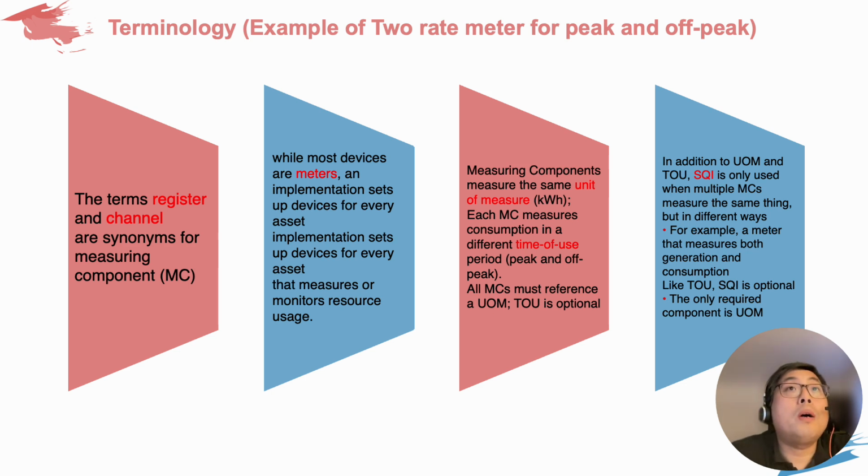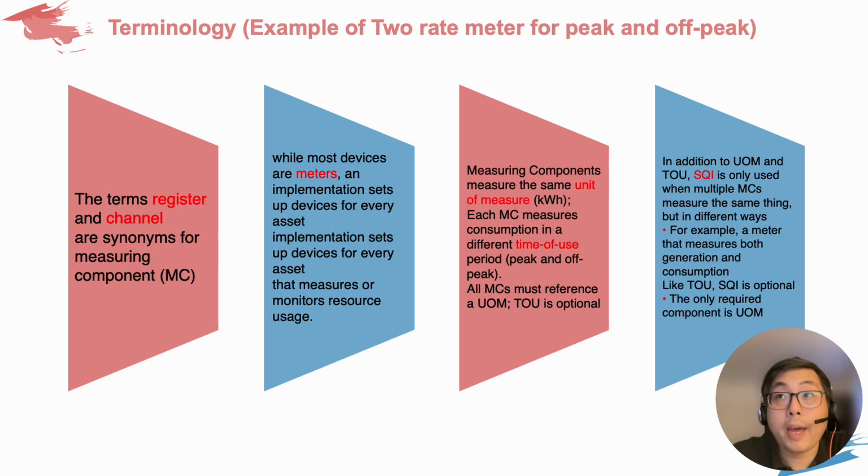Okay, and while most devices are meters, an implementation sets up a device for every asset that measures or monitors resource usage. Okay, so there are different types of objects to capture the asset.